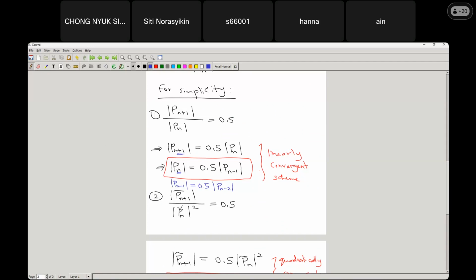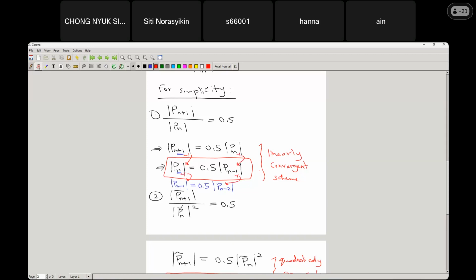You see, Pn plus 1. So how to get the Pn? Here we do minus 1, we get this. Then here we minus 1, we get this. So how to get the Pn minus 1? That means we do minus 1, we get this. How to get n minus 2? We minus 1 from this and we get this.